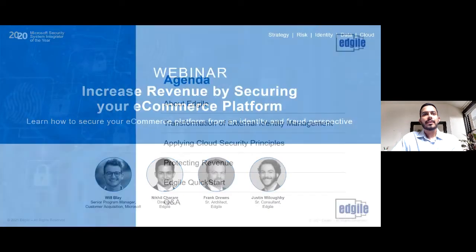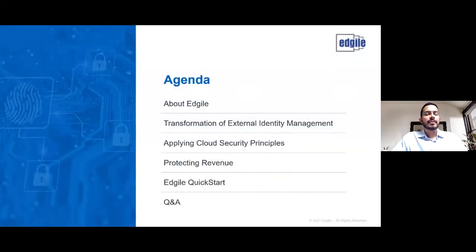So let's take a look at today's agenda for the webinar. We will start with a quick introduction on Edgile, on who we are, and then begin the session speaking about the transformation of external identity management, talk through the transition from traditional to modern approach, and see what's unique about the Microsoft security model.